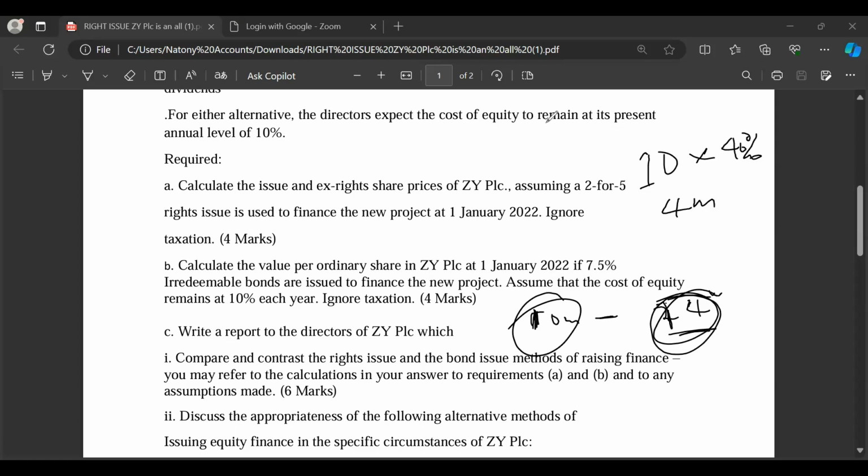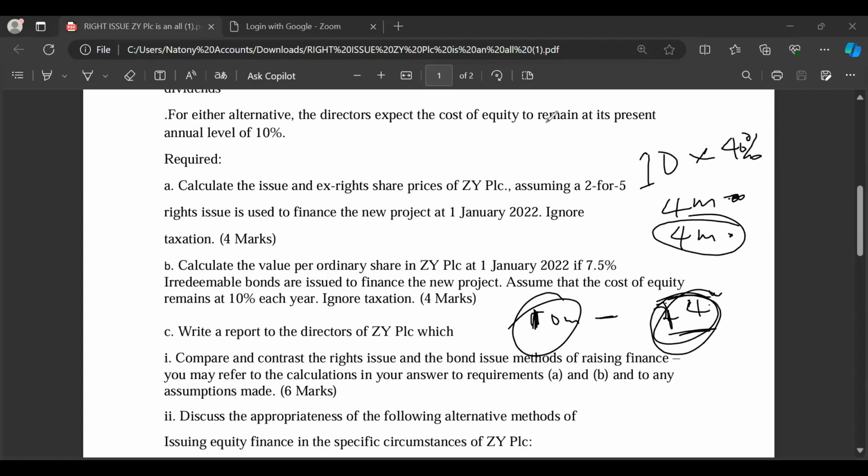So if bond is issued, another bond of 4 million will be issued. So the shareholders will be concerned about control, to be sure that they are not going to lose control. So when bond is issued, definitely there won't be loss of control because the bond will be issued to debt holders.